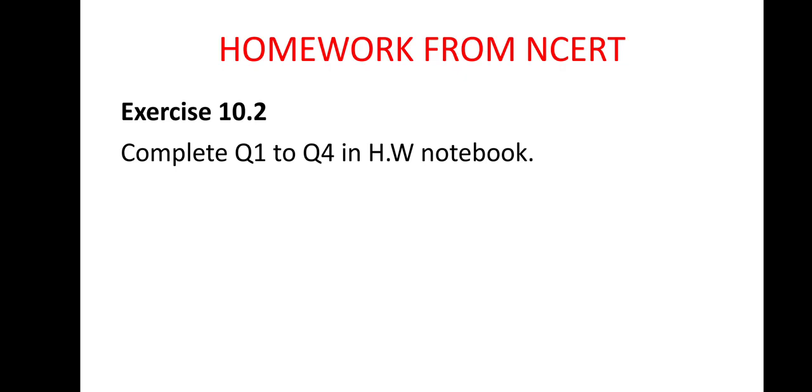Map symbols are important components of the map which help us to visualize the information in the most effective manner. Then we have learnt how to make maps for different situations, and now you can show your creativity to make the maps in your homework notebook.